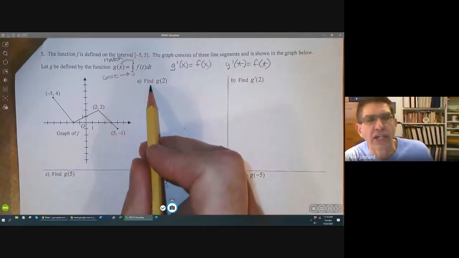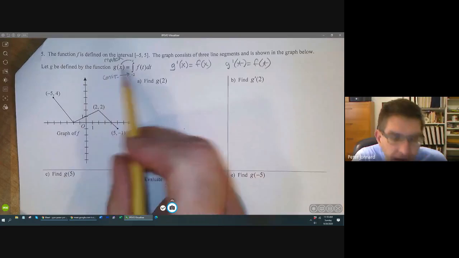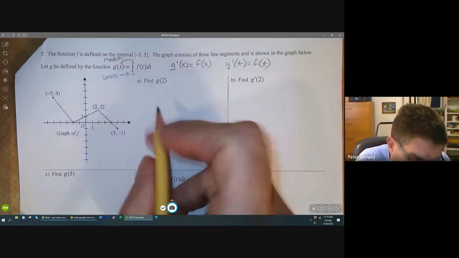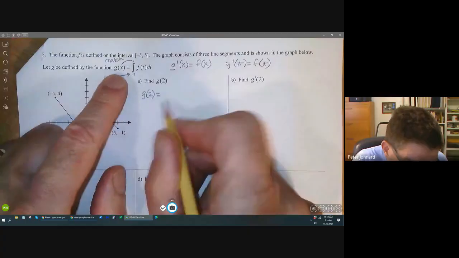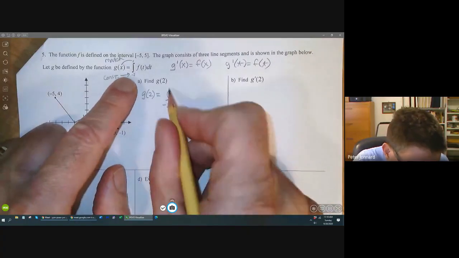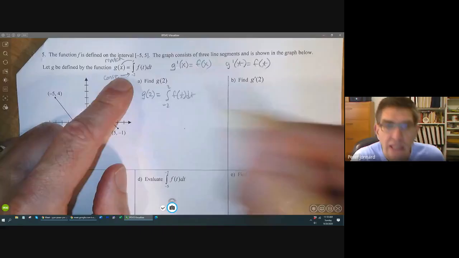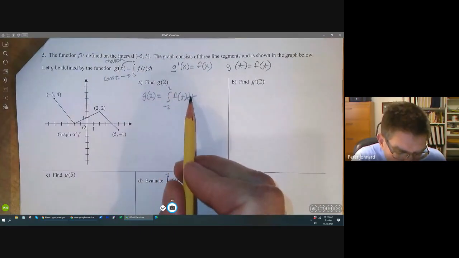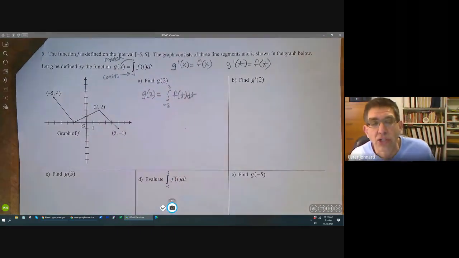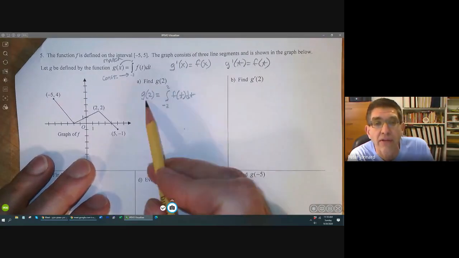The first question says find g of 2. People get kind of intimidated by that. Just copy this down and use the literal definition of what it's asking for. By the definition they gave us, g of 2 must equal the integral from -2 to 2 of f of t dt. I could change this to f of x dx if I wanted to, because this is no longer a variable at this point.